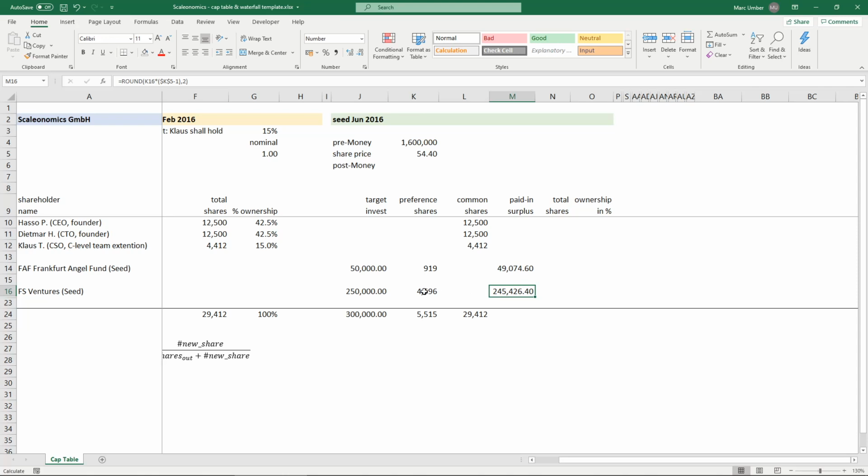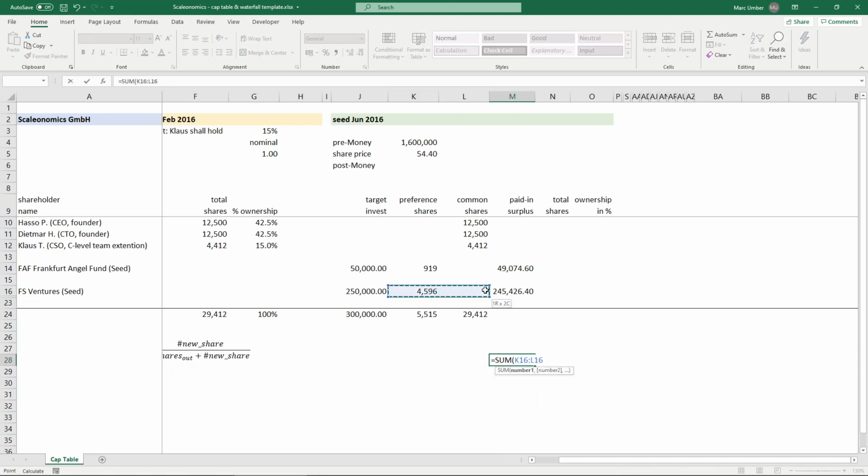And now you see there will be a slight difference between the target investment of around 250,000 and the actual sum, which is the value that will be also put down in the financial contract of the financing round. So Fritz Müller, the business angel, pays 49,994 euros, and Frankfurt School slightly above 250,000. It's 250,022.